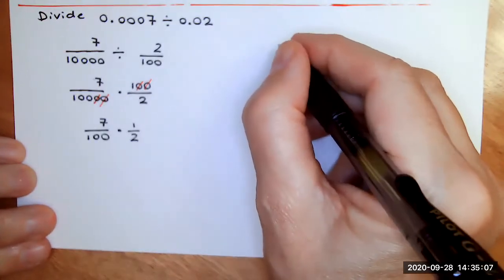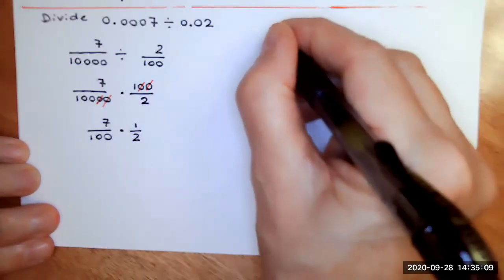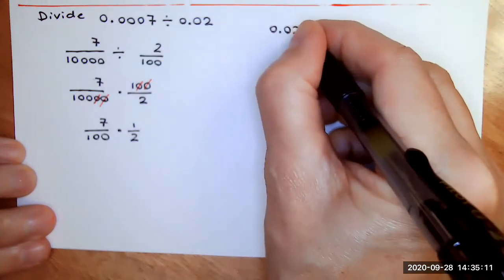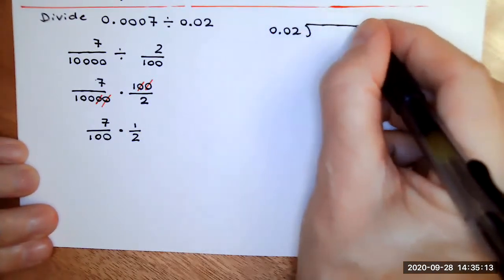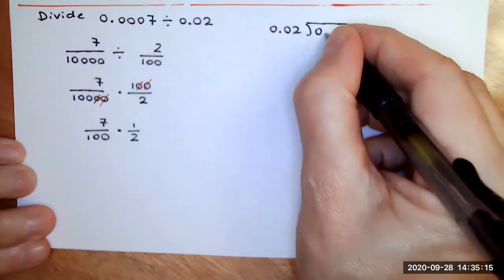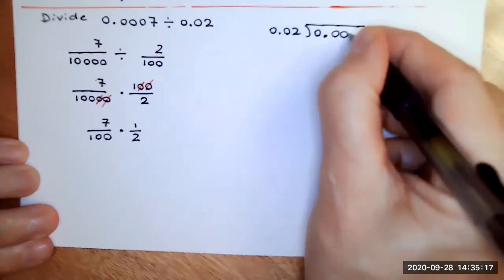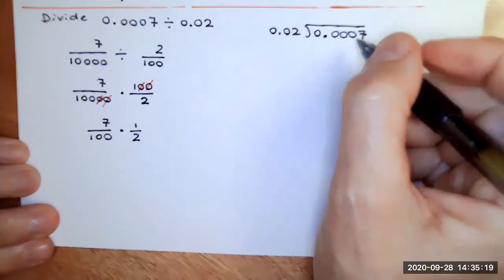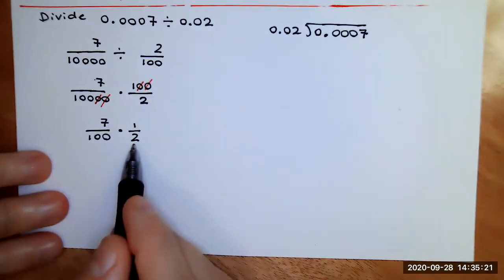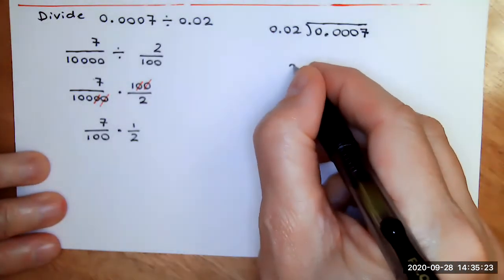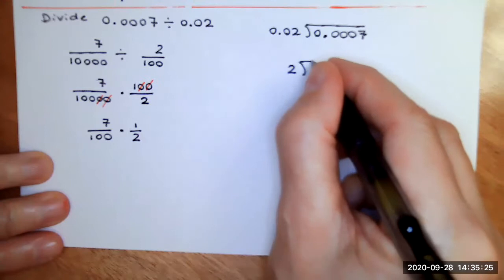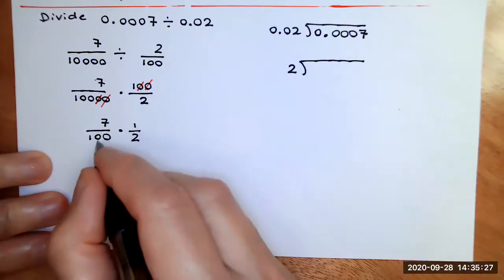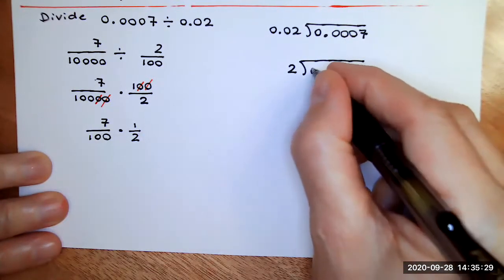So basically, if you have 0.02 divided into 0.0007, that becomes the same problem as 2 divided into 0.07.